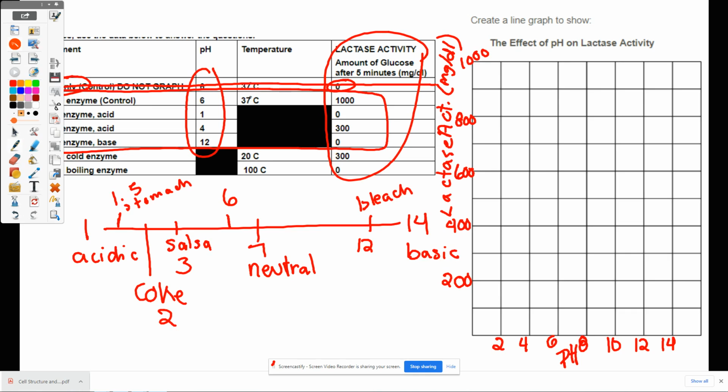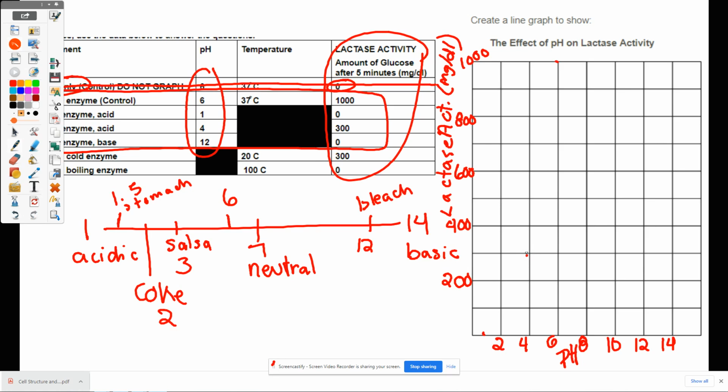So the control has a pH of 6 and a lactase activity of 1,000. So if we go to a pH of 6 and 1,000, we're going to put our dot there. Then the pH of 1 has a lactase activity of none. A pH of 4 has a lactase activity of 300.